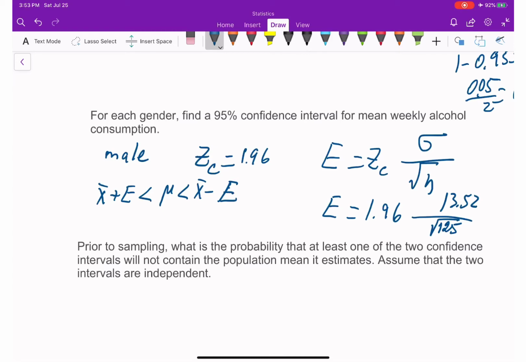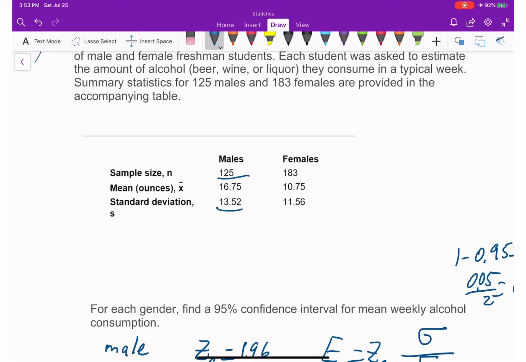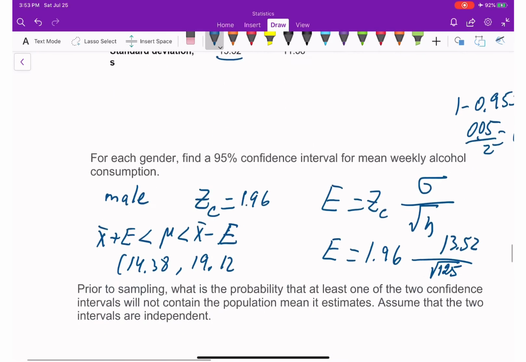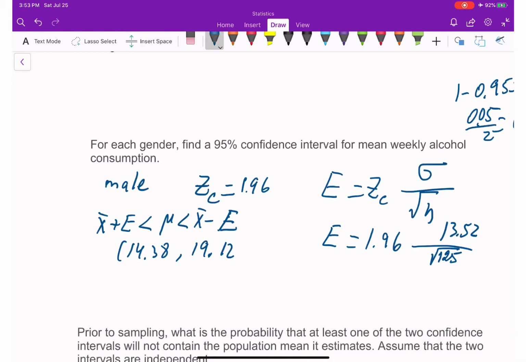And you should get the interval 14.38 and 19.12, considering your x bar is 16.75. So let me write down 16.75. Let me make it easier for you.